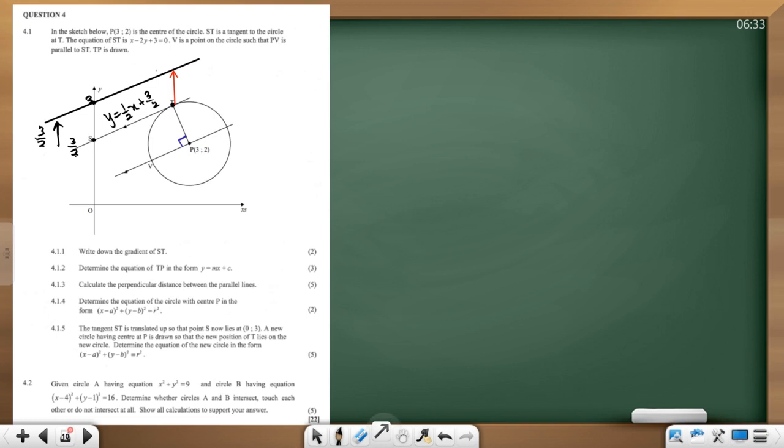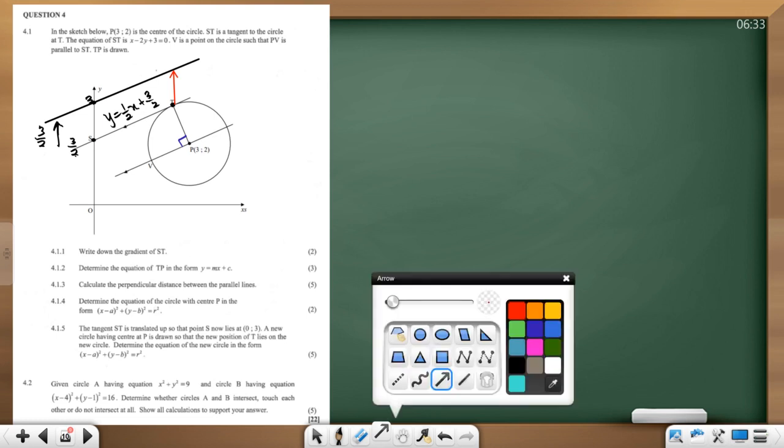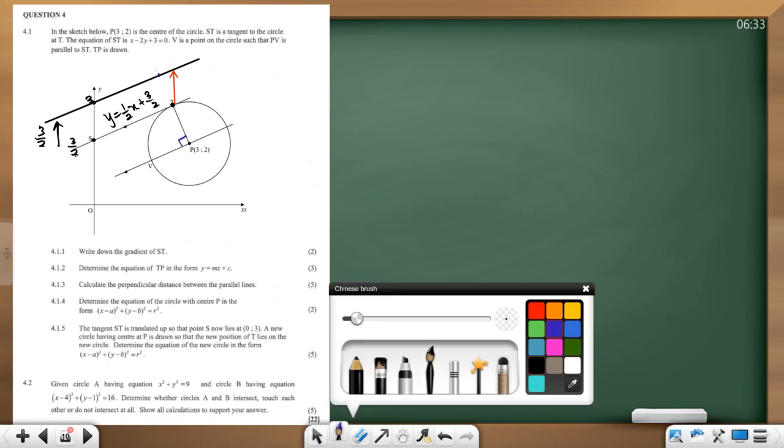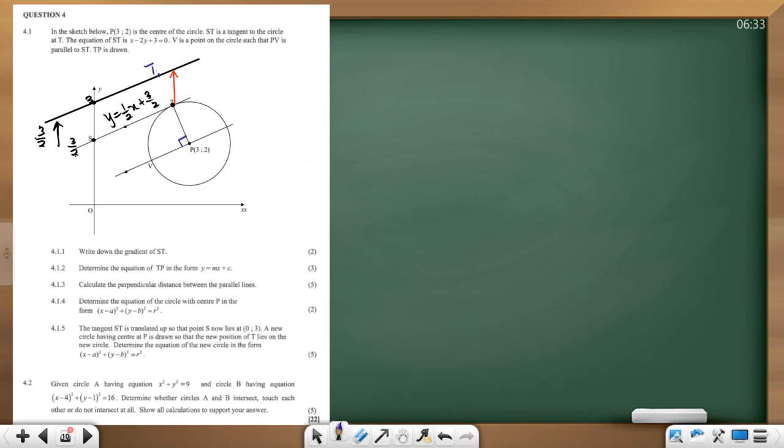Because if the new line is a tangent and T still maintains being a tangent, then T would be somewhere here, because that affects the whole interpretation of the question. I hope that makes sense. Because if we translate and we still maintain that that is a tangent, although that is not specified but could be interpreted. Okay, so it's just a bit ambiguous.